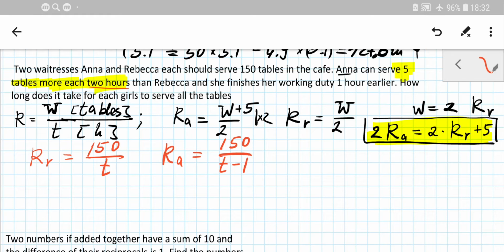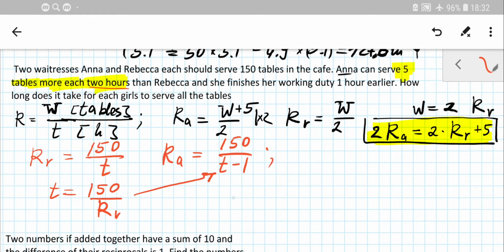If time is in hours, we can set up this sort of equation. And now I'm going to connect those two equations into one. So I express time from there, and we know that time is simply 150 over Rebecca's rate. Can we input that there? Yes, we can.